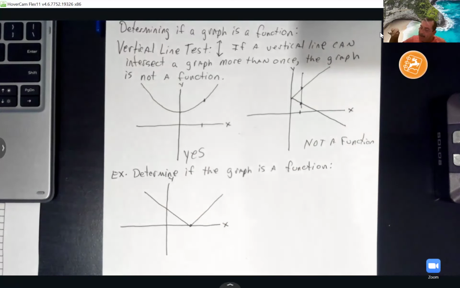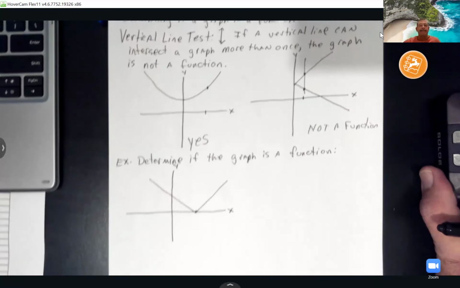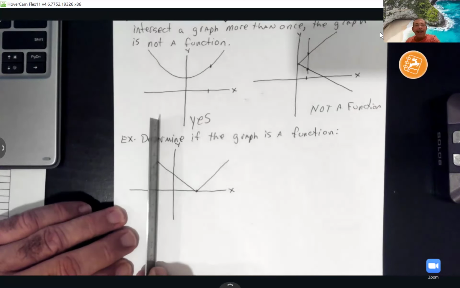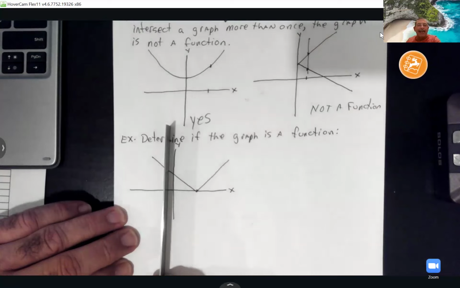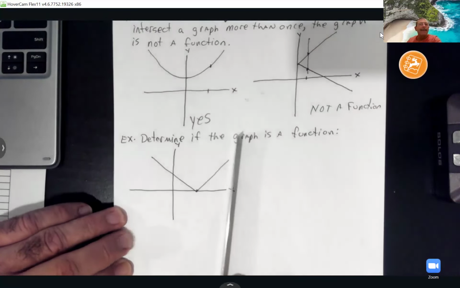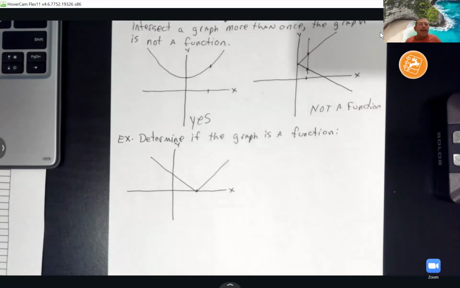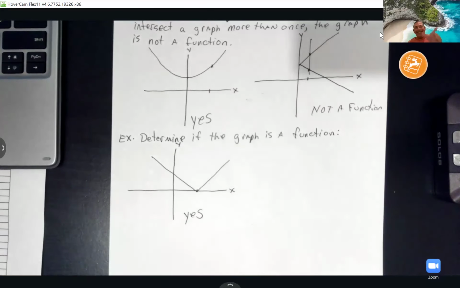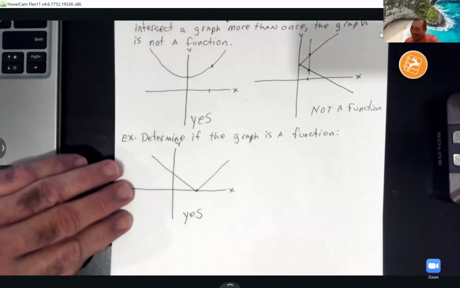Absolute value graph, is that a function? Can your vertical line intersect that graph anywhere more than once? Oh, I'm seeing it now. My chat's lighting up. Everybody's saying yes. So good job. That is definitely a yes.